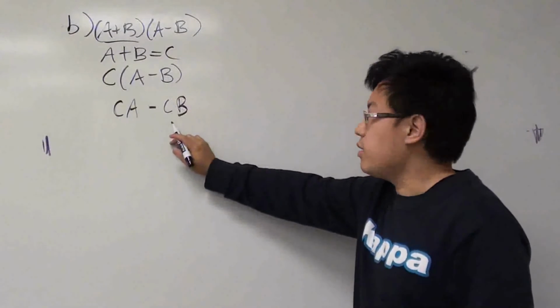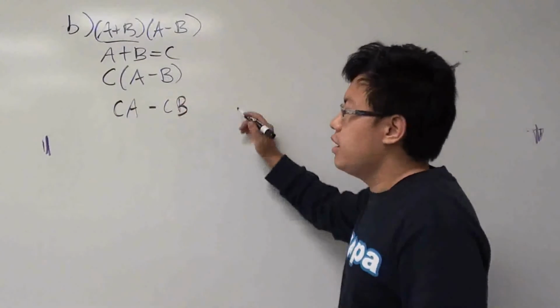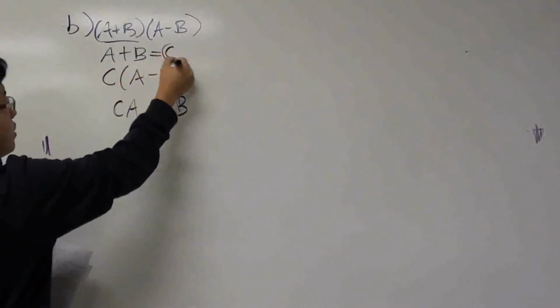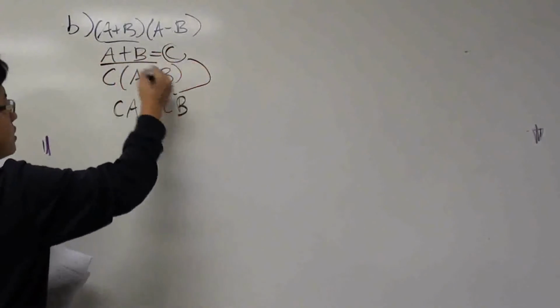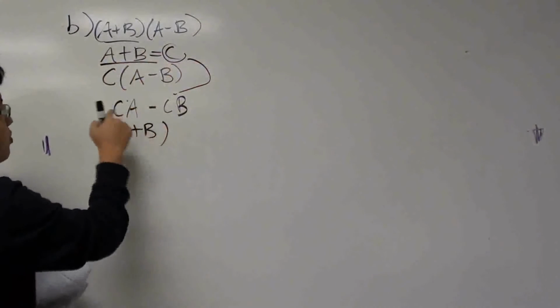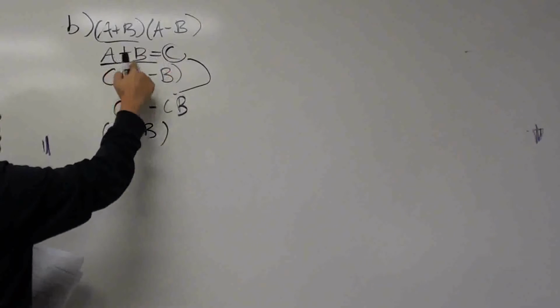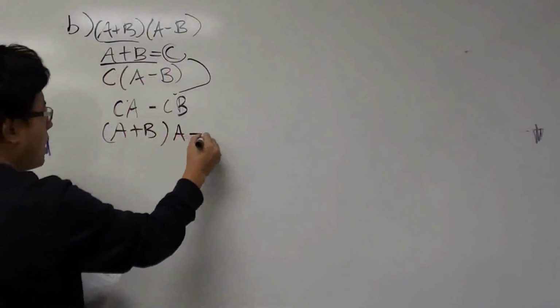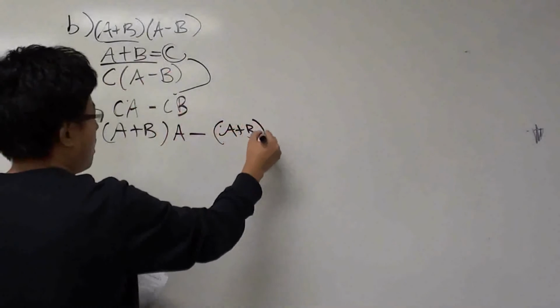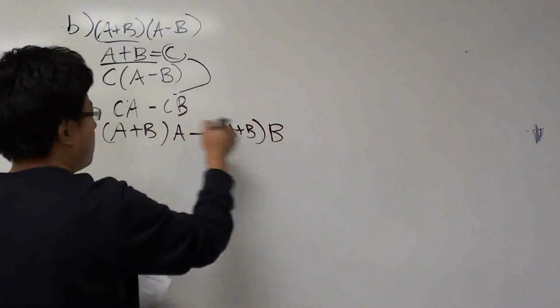So I'm trying to relate back to this. Let's now expand C. What was C? C was this. So let's plug it in again. It's going to be (A + B) replacing C, because C equals A plus B. So A minus C, again, is (A + B)B.